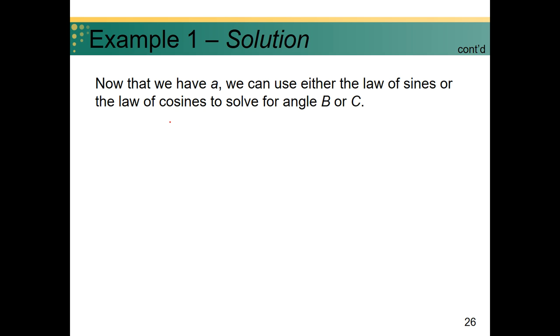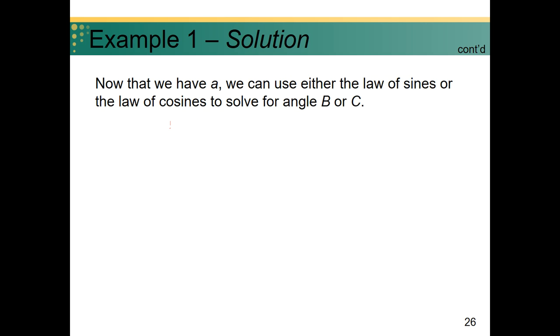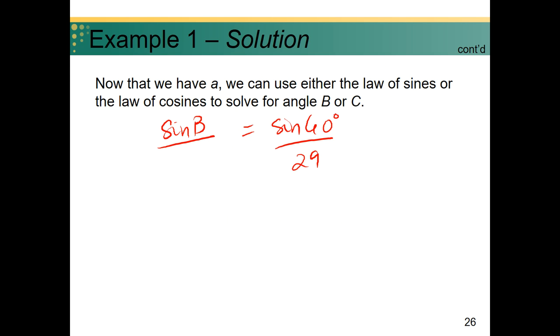Okay, so let's see, A was 60. I've kind of forgotten what everything was. And little a is 29. Let's say we're looking for B. And little b was 25. This means sine B is 25 sine 60 over 29. So we use sine inverse.